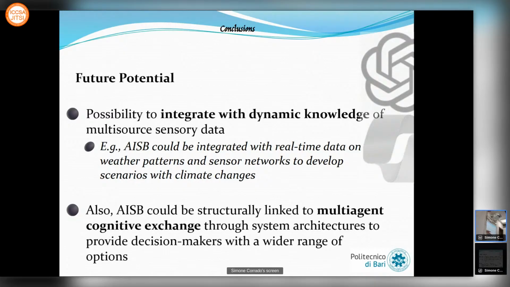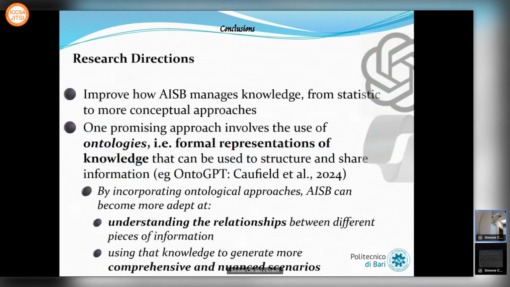The cognitive exchange raises some other possibility. I think it's the last slide, this one. Because the more complex the knowledge, the more faithful the plan. But complexity means difficulty to manage. So it's somehow an oxymoron, a paradoxical approach.